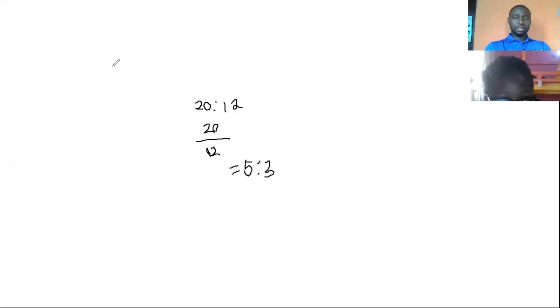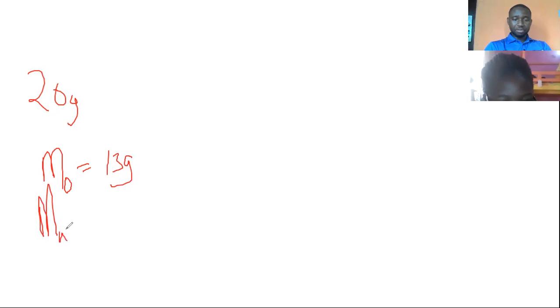Now, the original mass is 20 gram. Now, they said in oil, it appears to have a mass of what? 13 grams. Okay. In oil, 13 grams. And appears to have a mass of, in water is what?